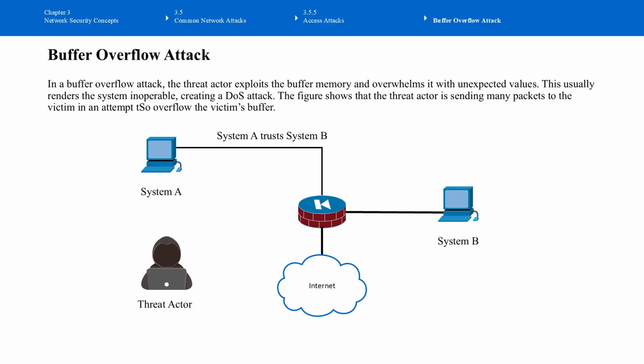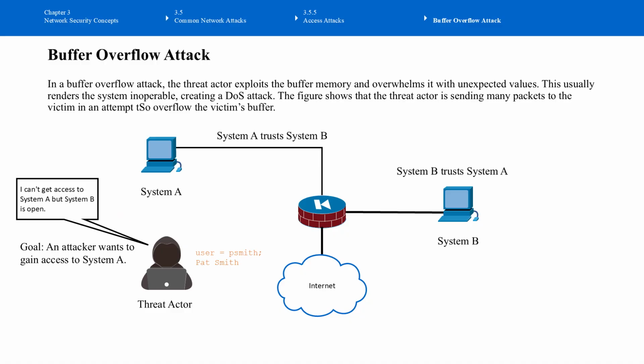The animation shows how a buffer overflow attack works. Step 1, the attacker first identifies the target computer. Step 2, the attacker sends a large amount of malicious or unexpected data across the internet. Step 3, the traffic passes through the network towards the victim computer.